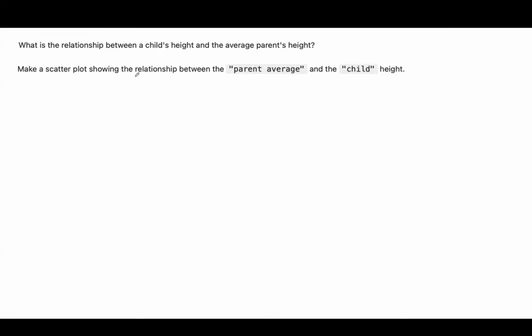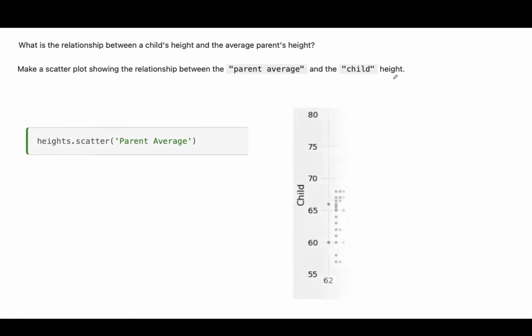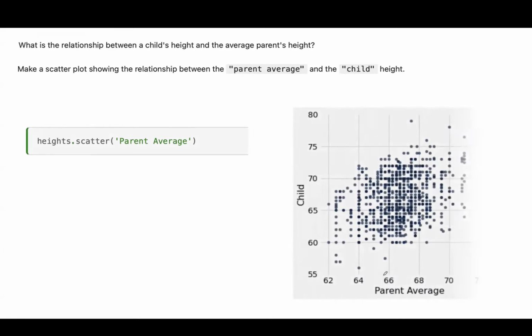In this case, our variables are parent average and the child height. So please run the code in your Jupyter notebook to be able to visualize the scatter plot. On the horizontal axis, you have the parent average, and on the vertical axis, you have the child height. Okay, even though we see noise here and there, we can still recognize a linear pattern. You basically say, hey, we can fit a line here. And it seems like we have a positive trend.